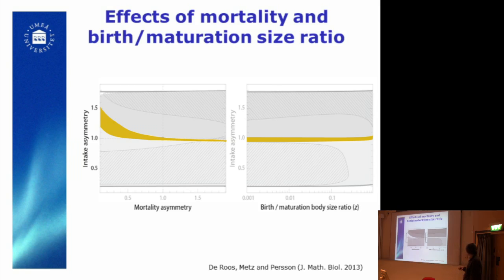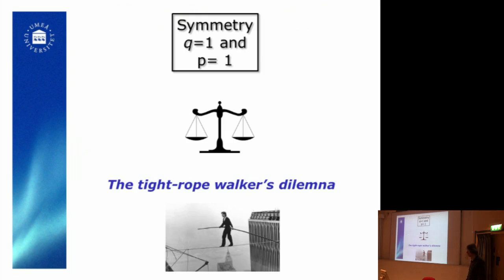So, here is the problem. Present ecological theory has a problem, what I call the tightrope walker's dilemma. It's based on a delicate balancing of different rates leading to symmetry.